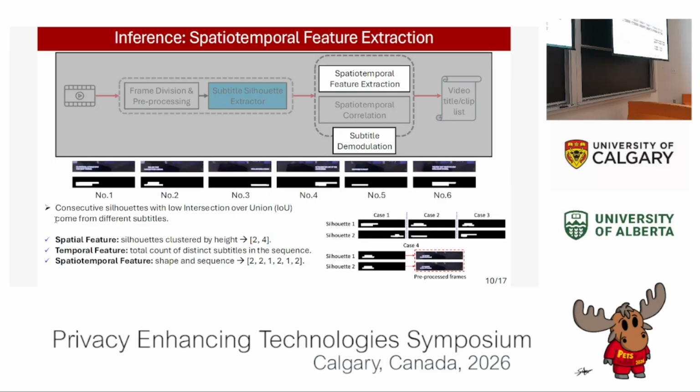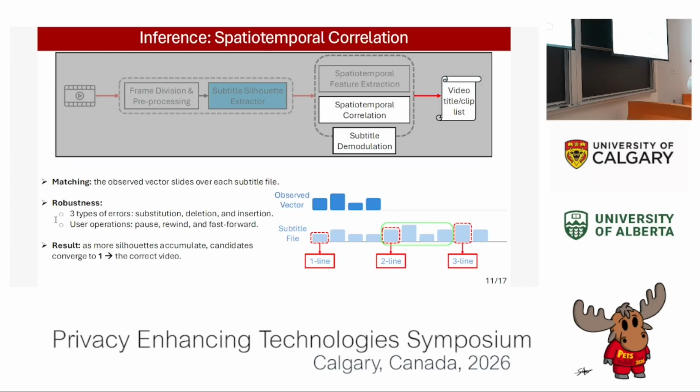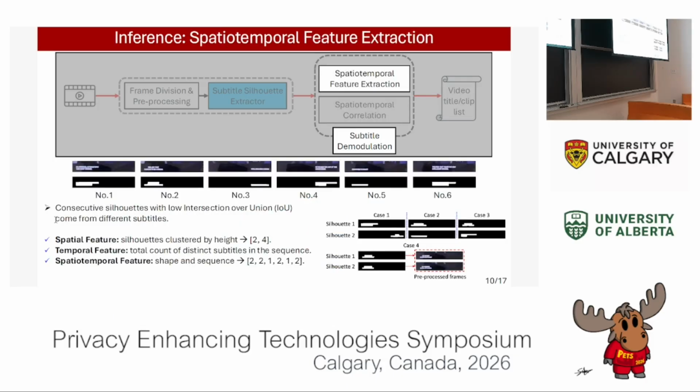So with the training, we get a sequence of Silhouettes, and the next step is to process the videos. One challenge is that with a sequence of Silhouettes, we want to distinguish whether two successive Silhouettes come from the same subtitle.